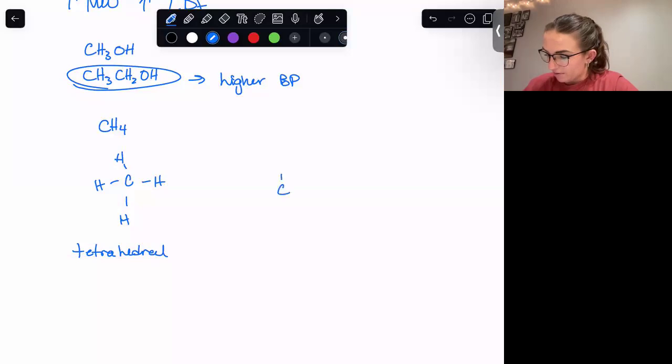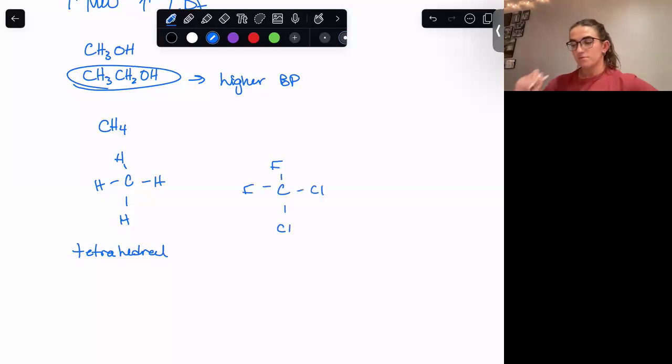If we talked about carbon attached to 2 fluorines and 2 chlorines, here I drew it so that it doesn't look symmetrical, right? You have your fluorines pulling to one side and your chlorines pulling to the other. But this shape is still tetrahedral. Which one's going to have a greater polarity difference, carbon to fluorine or carbon to chlorine?